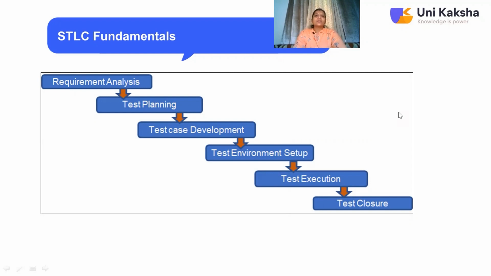Once you have gathered all the requirement related information, then the second step is started, which is test planning. Test planning is considered the most efficient phase of the software testing life cycle.